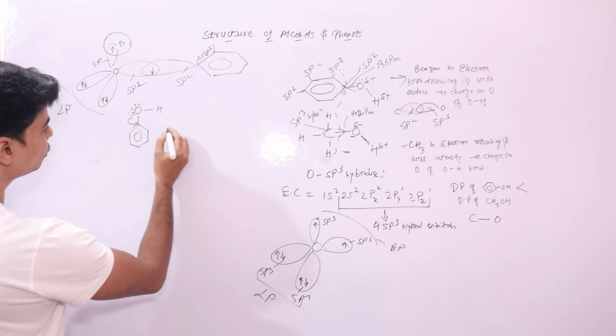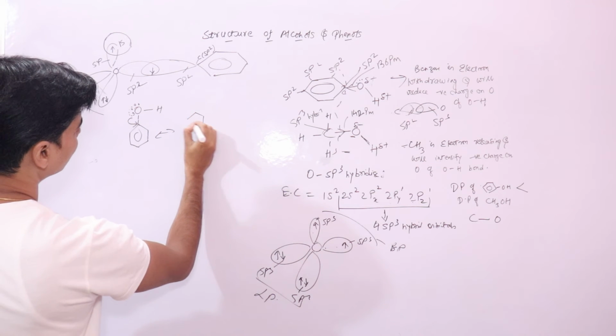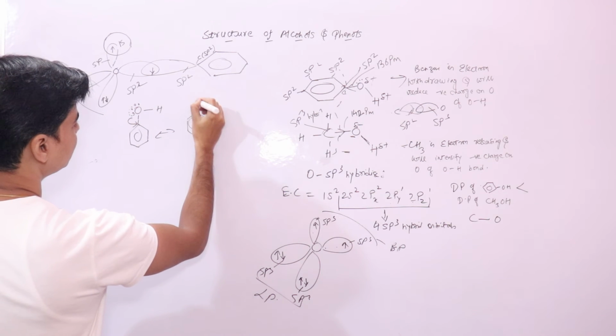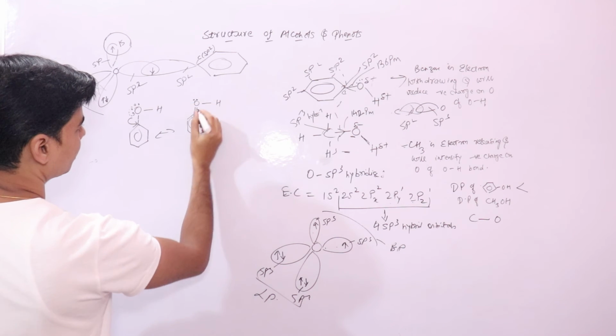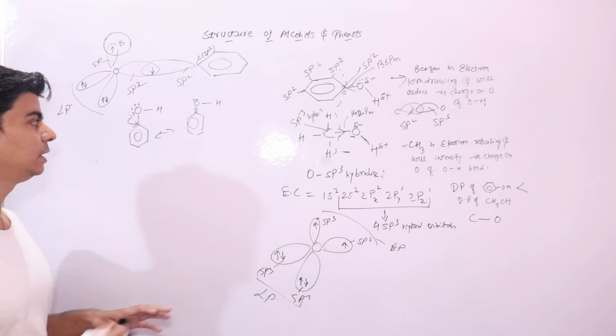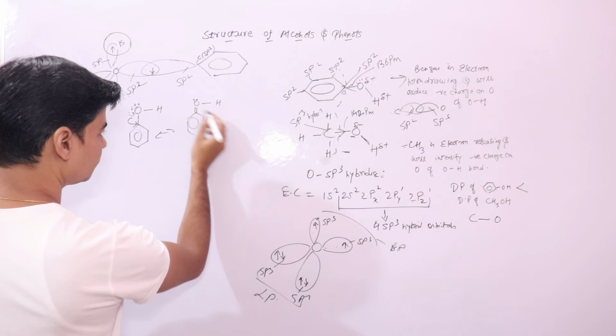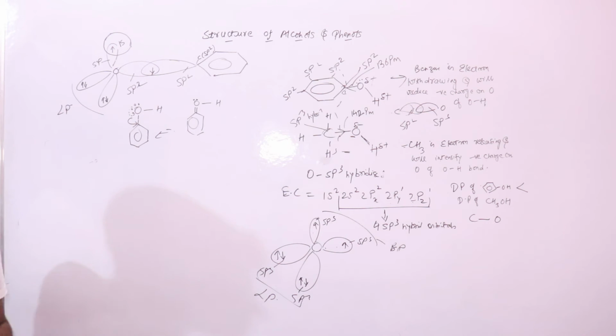When it enters into conjugation with the benzene ring, a slight double bond will get developed on your phenol molecule, right?